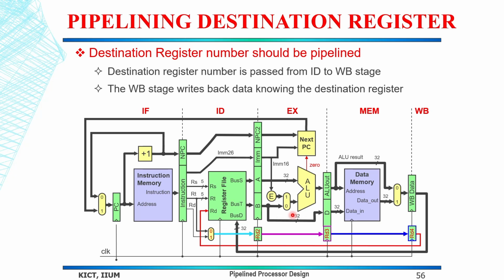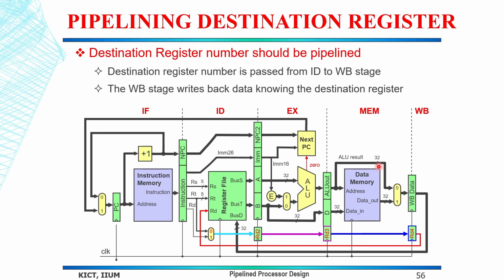These must also be passed from ID to write back stages. So these pipeline registers not only contain the register data and the instruction, they also contain the control signals as well.